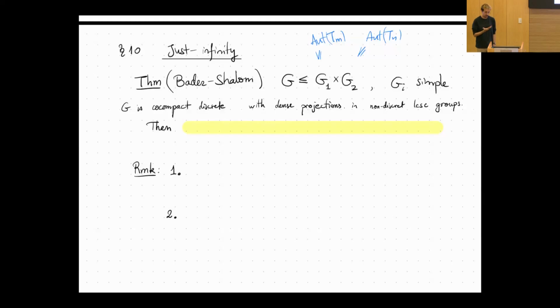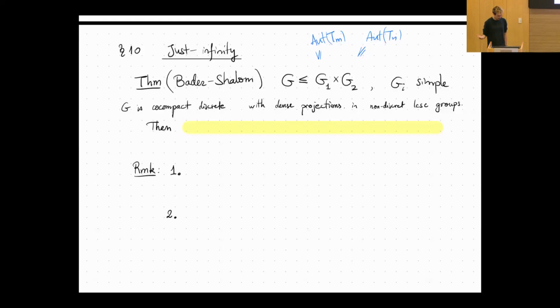But we are naturally in a situation where we have a group, the BMW, sitting in a product of two groups, and the assumptions are, let's say, I mean, the assumptions could be relaxed, but let's say Gi's are simple, and we ask G to be what's called a co-compact lattice inside this product of locally compact second countable non-discrete groups with dense image.